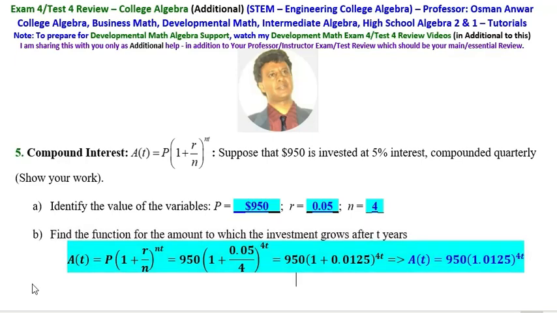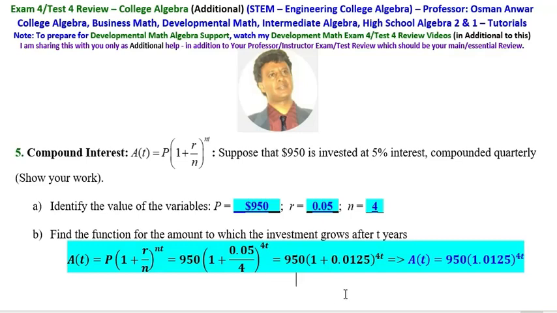B, find the function for the amount to which the investment grows after t years, that is A of t equals P times (1 plus r over n) to the nt. P is 950 times (1 plus 0.05 over 4) to the 4t.